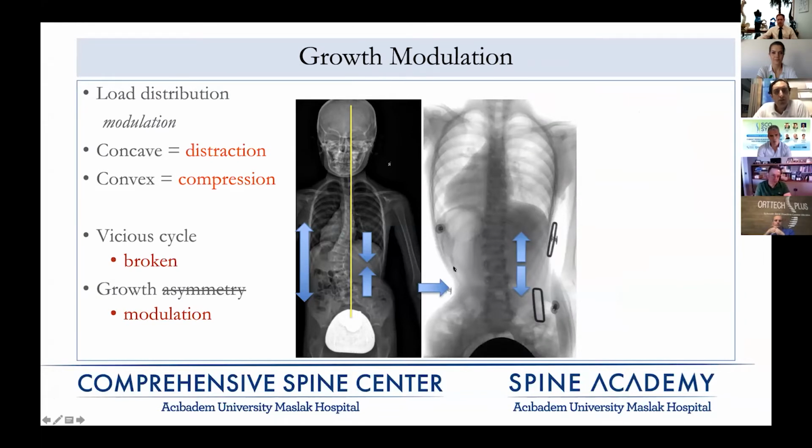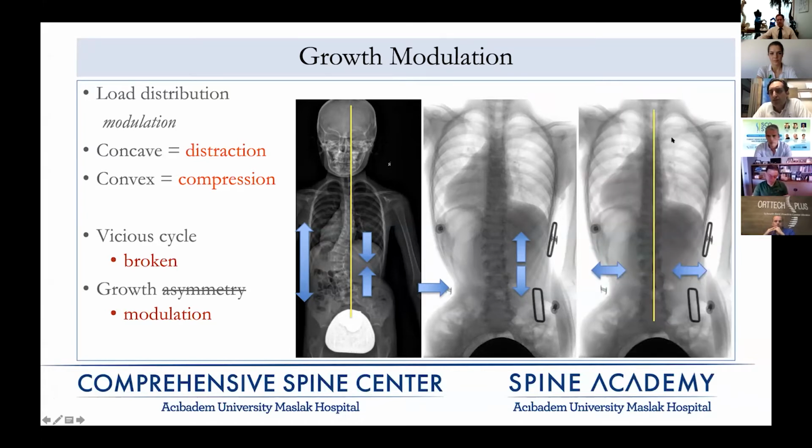And what we do with braces is apply compressive forces on one side of the spine and try to elevate the other side, as shown here. We gain compression and distraction on the opposite sides to what was previously present, and we try to bring it to the midline so the loads are distributed equally after the treatment has started.